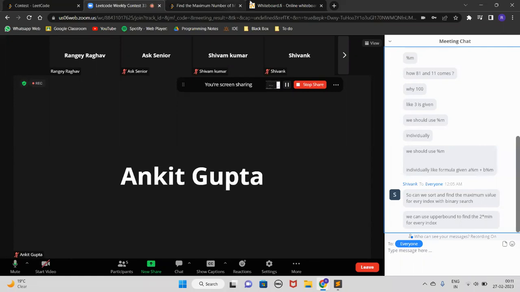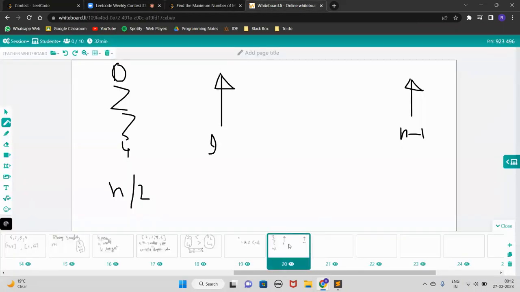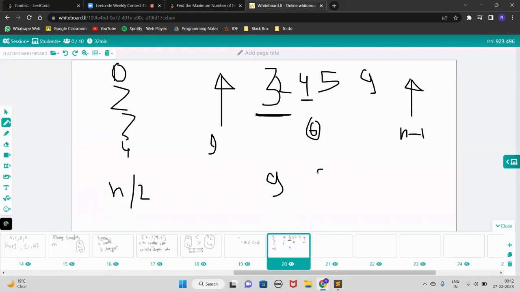We can use upper bound to find the 2 into min for every index. This will create a problem. Let's suppose 2, 3, 4, 5, 9. If we find the upper bound for 3 into 2, which is 6, the upper bound of 6 will return 9. Similarly, if we perform it again for 4 into 2, the upper bound is also 9.